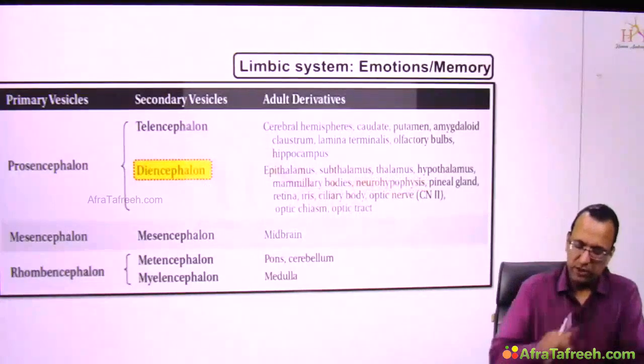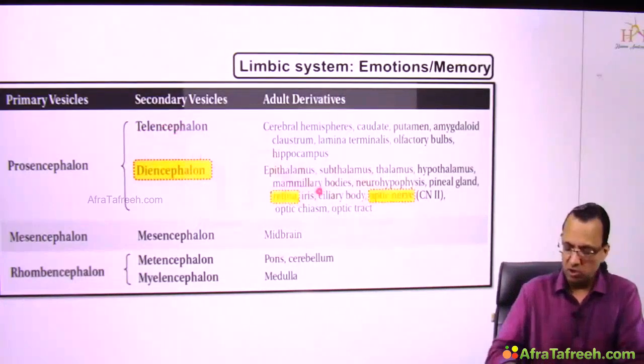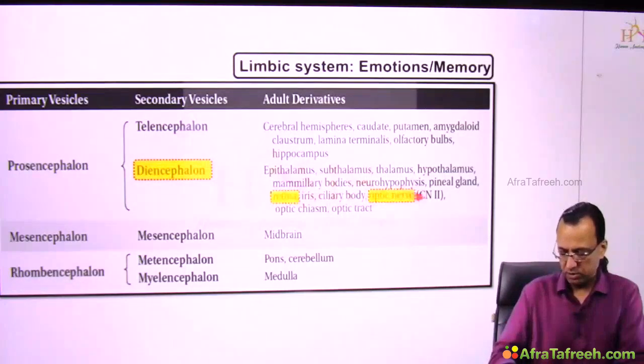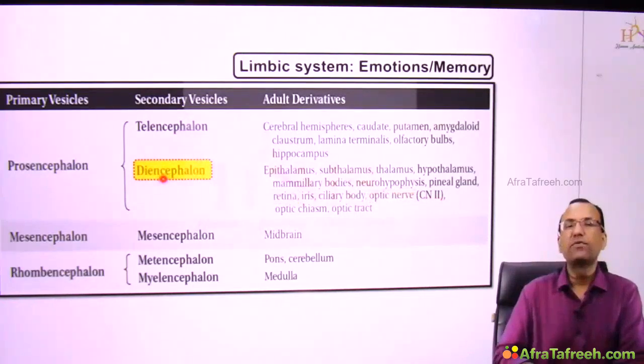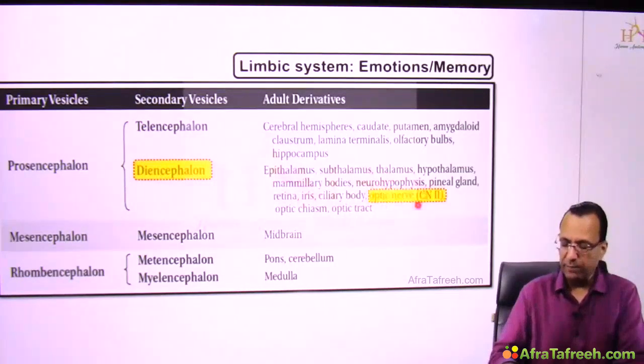And you also have discussed earlier that diencephalon part of the brain will grow into the eyeball to become retina and optic nerve. So the optic nerve is the nerve of diencephalon.